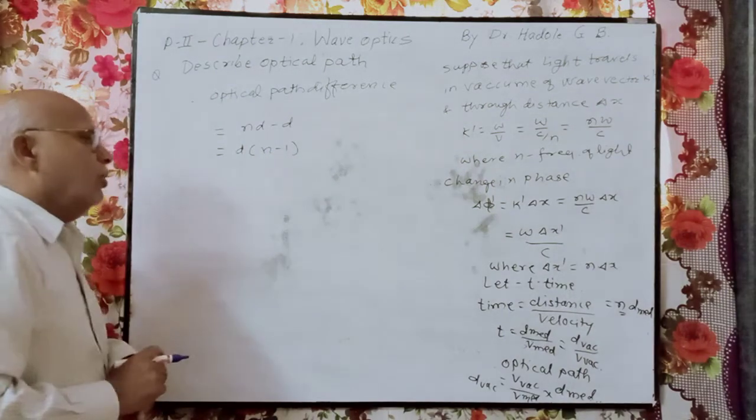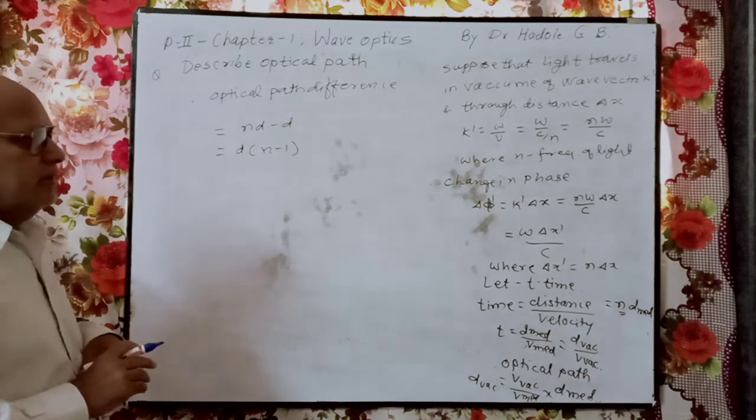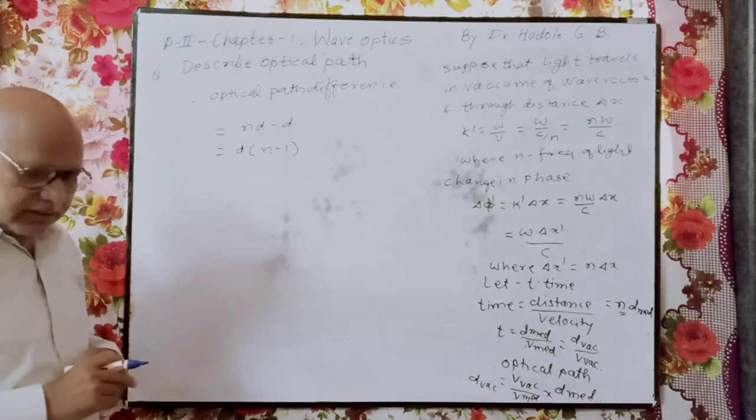So this is optical path difference. D is path, n is refractive index.